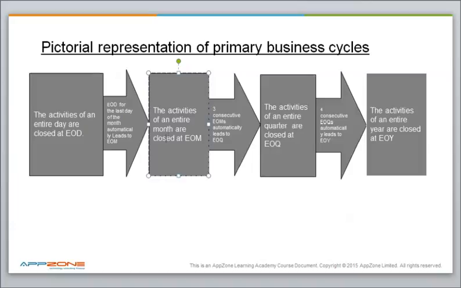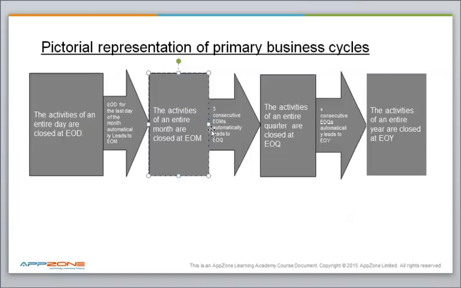End of month is a business cycle that closes all the activities a business has been engaged in throughout the whole month. So it's more like a milestone. End of day is a milestone on the daily activities. End of month is another milestone on the monthly activities.